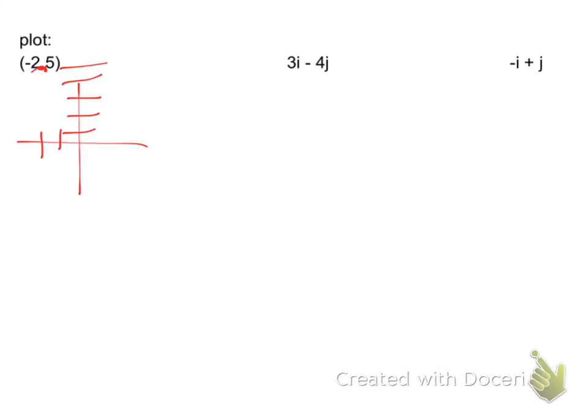But we can see that 3i hat minus 4j hat, and I'm going to make sure I put the little hats above, something I couldn't do on the program, is really the same as what point? 3, -4. So that's the same point. So you know that you're going +3, 1, 2, 3, and down 4, 1, 2, 3, 4. There's your point.